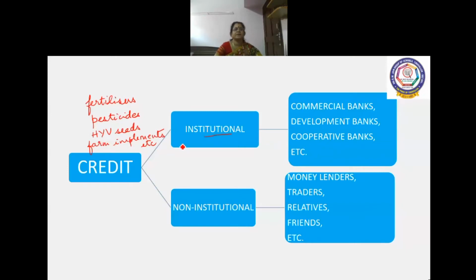Credit is provided at a very reasonable rate of interest through these institutional sources. Whereas in non-institutional sources, the farmers are charged a high rate of interest.